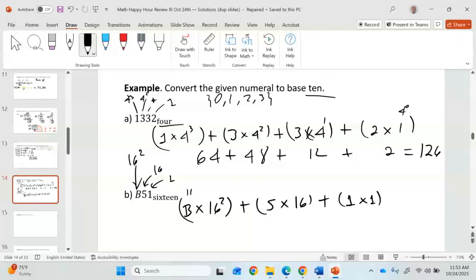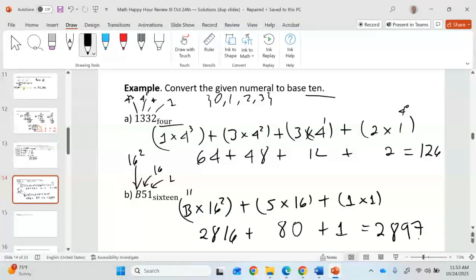So it's going to be 16 squared times 11, which is actually 2816. And then 5 times 16, which is 80. And then 1. Then I add all of these numbers, and my final sum is 2897. So this number in base 16 is equivalent to 2897.